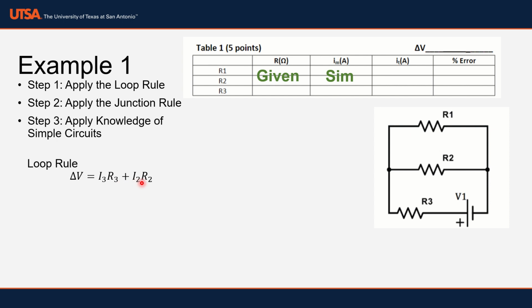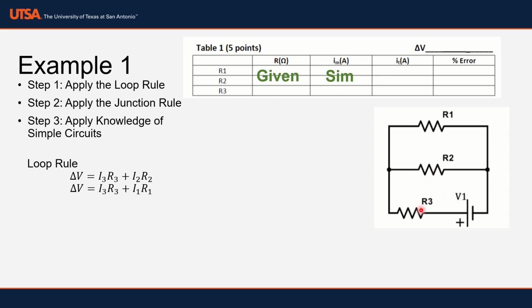We could also come up with another equation, right? Which could be this: I3, R3, it goes this way, I1, R1. So these are the two equations that we could come up with when we apply the loop rule. Remember, this is in parallel, and what we know about a parallel circuit is that in this area the voltages are going to be the same, right? So if you add this voltage here plus one of these, it's going to add up to V1.